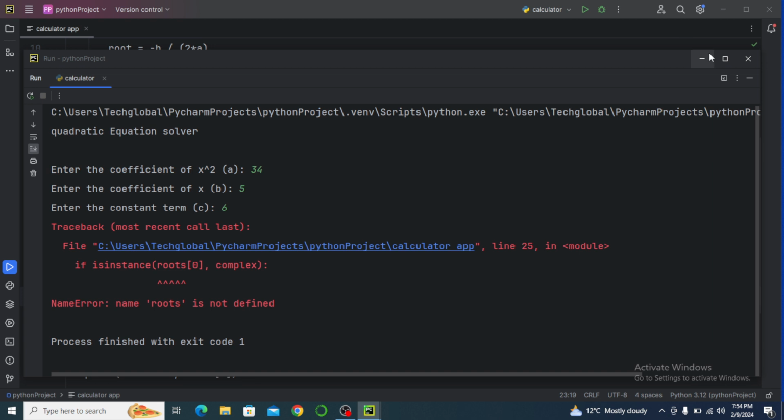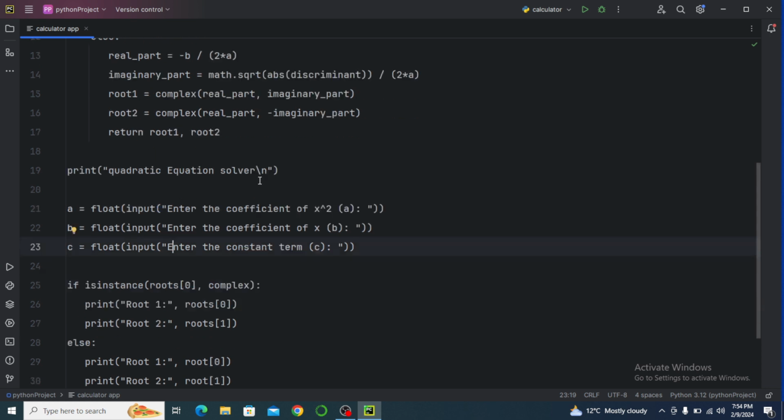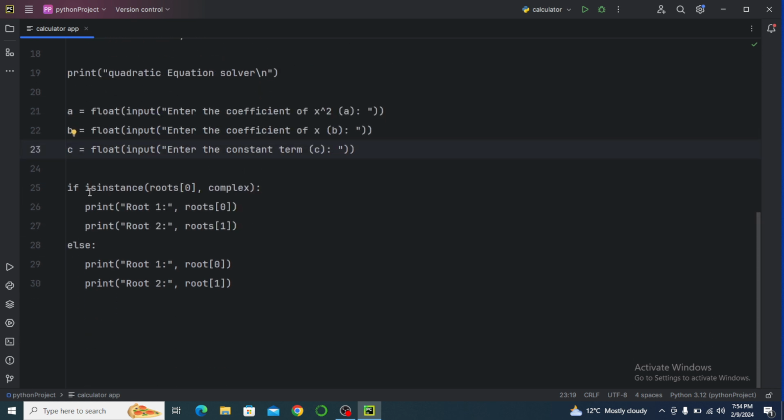Okay, there's an error in line 25. What's happening in line 25? It's trying to call a function, but there's an error with the calling. Let's see what's happened. What happened to line 25? Line 25 is okay. Line 26, print the roots. Yeah, this is correct.